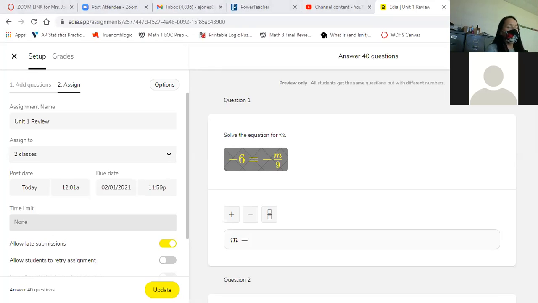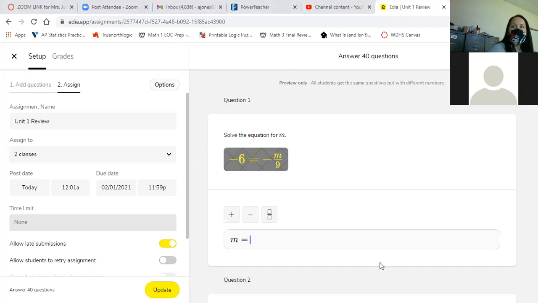Remember, when we're solving equations, we don't have to worry about any kind of special rules. We need to get rid of this negative, so we divide by -1. And we get m equals 54. Okay, so there's your first one.